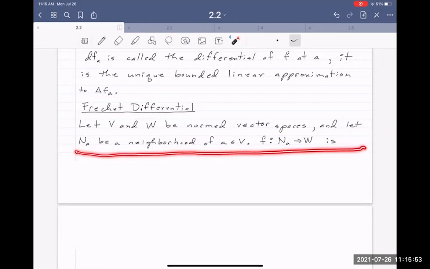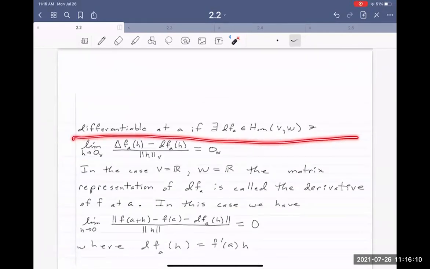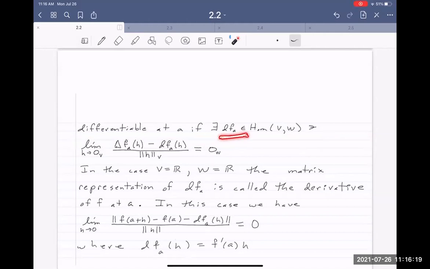Let N sub A be a neighborhood of A in the vector space V. Then F mapping the neighborhood of A into the vector space W is differentiable at A if there exists a linear transformation df sub A from the vector space V into the vector space W, such that the limit as H approaches 0 of delta F sub A at H minus df sub A at H, divided by the V norm of H, is equal to 0, which is actually the additive identity for the vector space W.